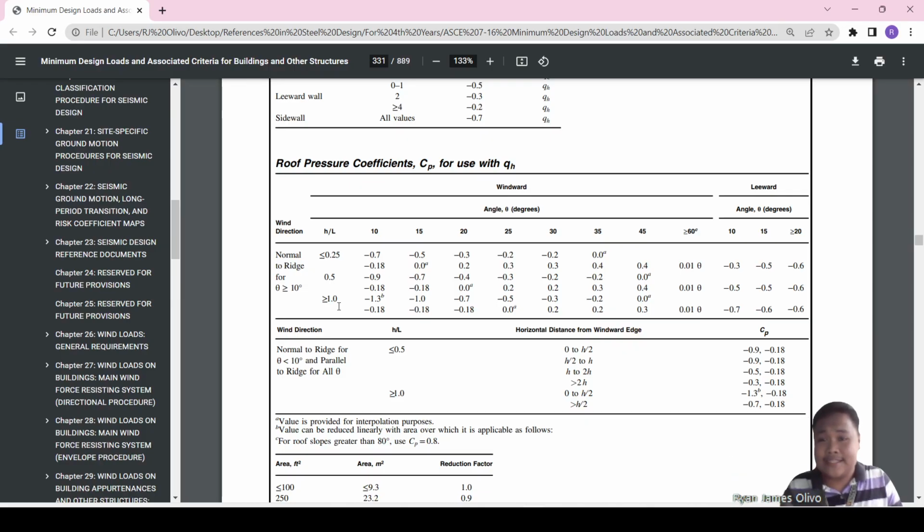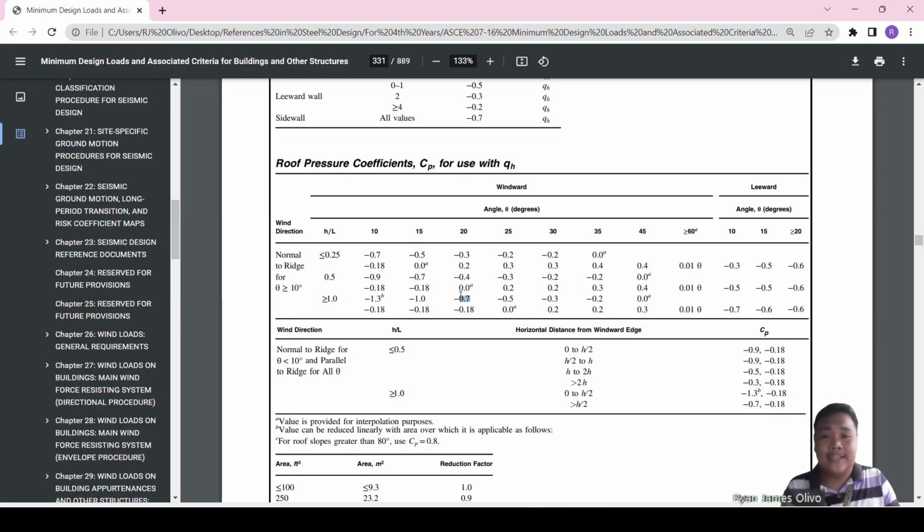As you can see, class, as h over L increases, approaching greater than or equal to 1, both scenarios are negative. We consider first the 20 degrees angle, because I just want to discuss it. Anyway, we have different angles, and we only focus on windward.